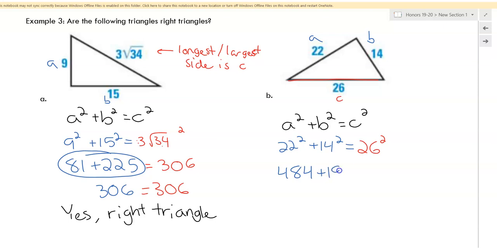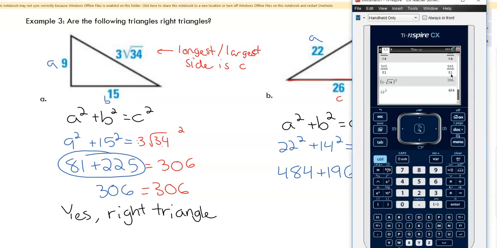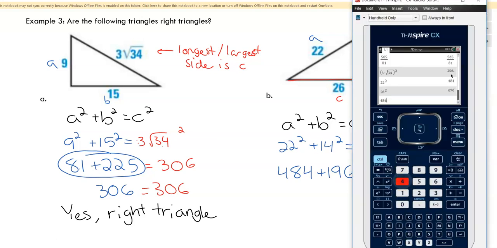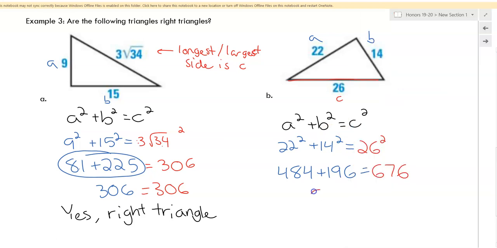Fourteen squared is 196, I know that one. And then 26 squared is 676. So 484 plus 196 is 680.